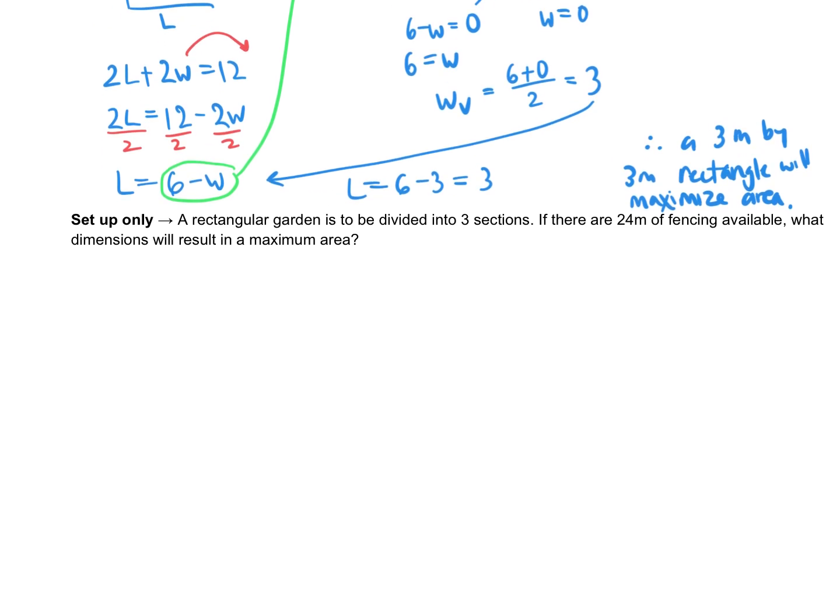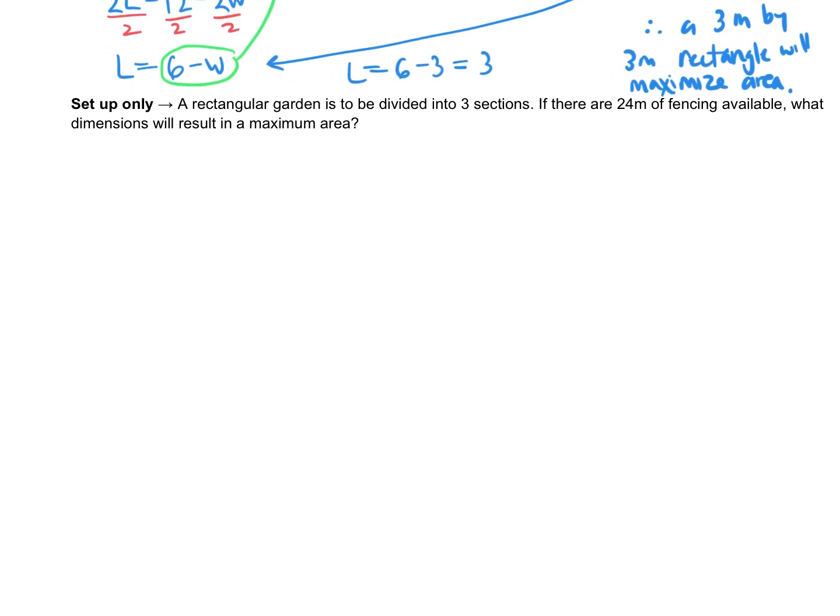All right, one more, and this one we're just going to set up because it is very similar to the previous example, just with a little tweak. A rectangular garden is to be divided into 3 sections. That's the new part. If there are 24 meters of fencing available, fantastic, that's going to help us with our side note equation.